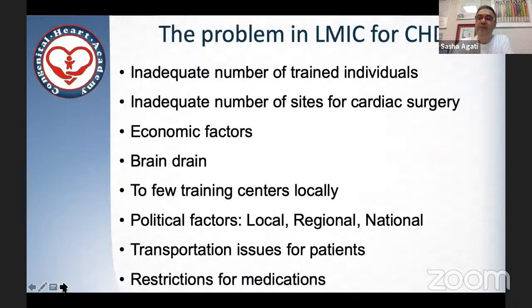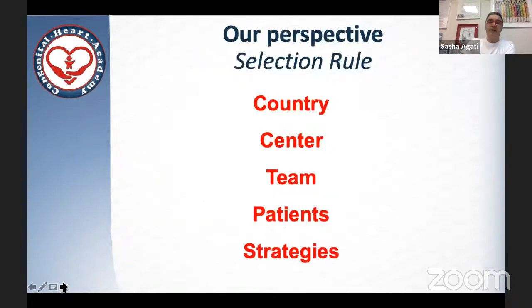And this is very important for us who want to help. And I think that makes sense of this meeting.